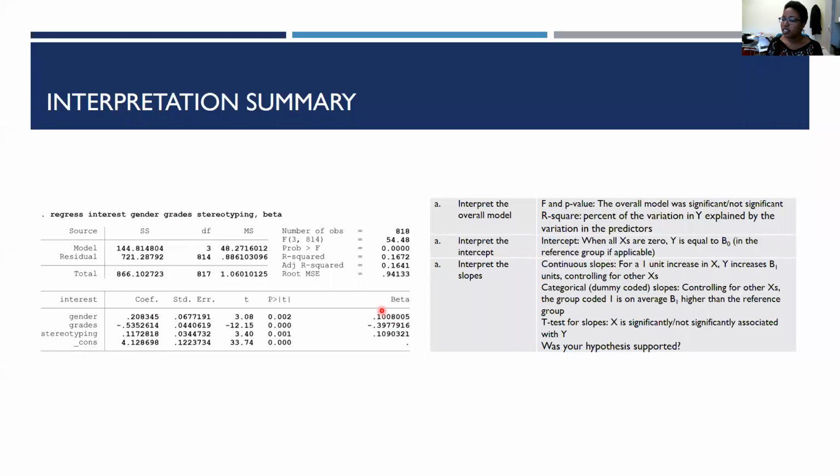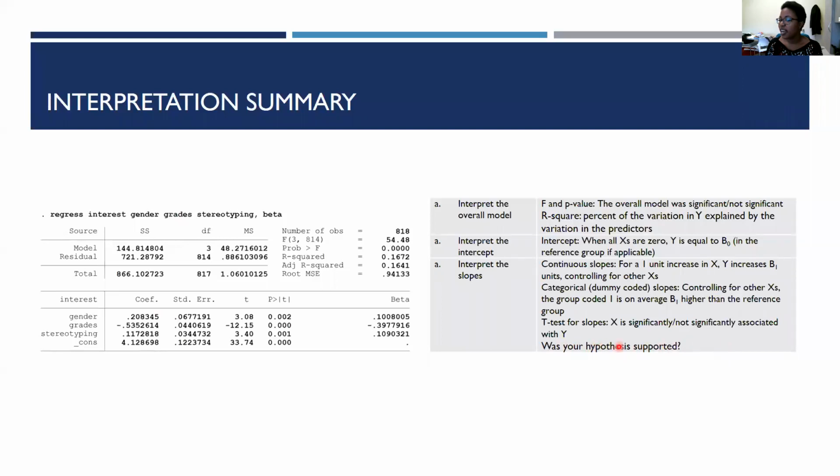So in this case, we're just looking for the largest absolute value. Since grades is negative, the beta value is also going to be negative, but we're really just looking for the largest one. And in this case, we can see that grades has the biggest effect on interest in this analysis, and gender and stereotyping have relatively smaller effects on interest compared to grades. So even though all of them were significant, we can see that grades is having that larger effect.